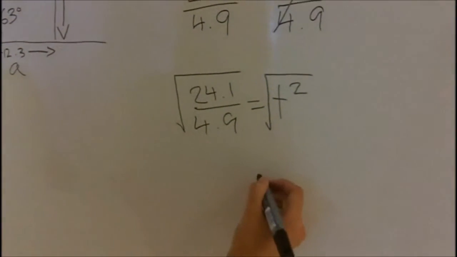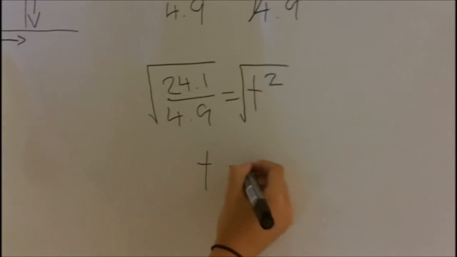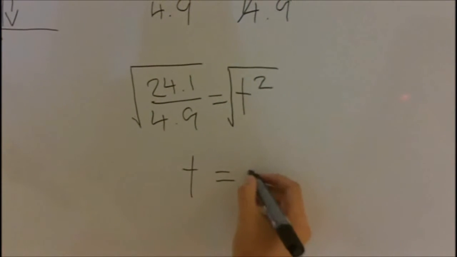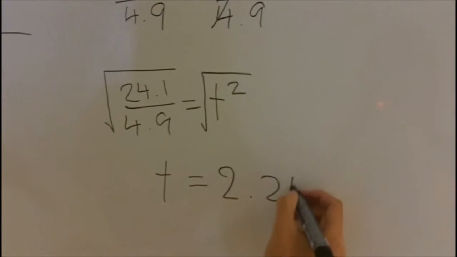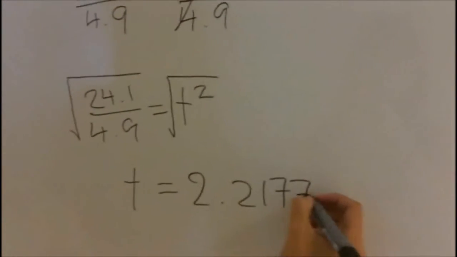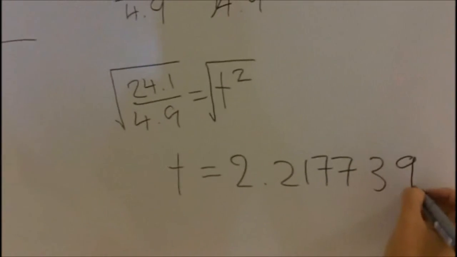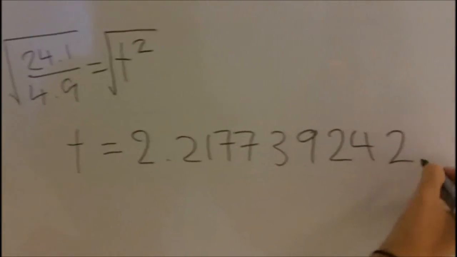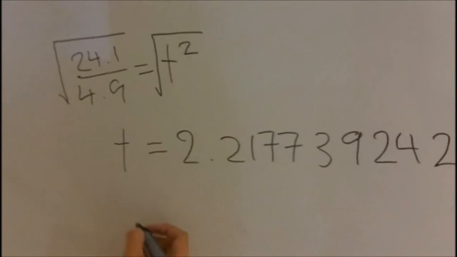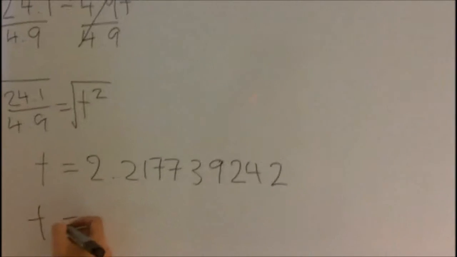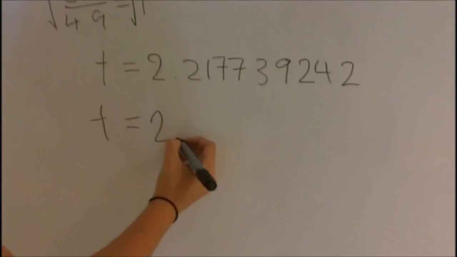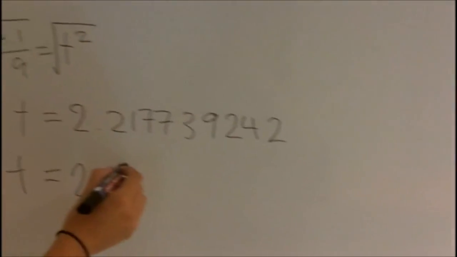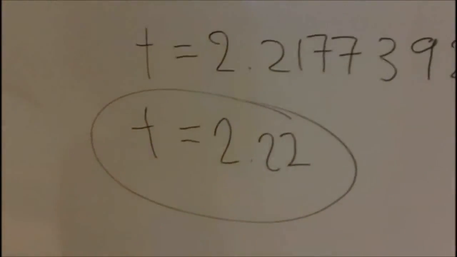And then if you put that into the calculator, it will again give you a really long number. And so we can put that into the 3 significant figures, which is 2.22. So this would be the time that it takes to fall to the ground.